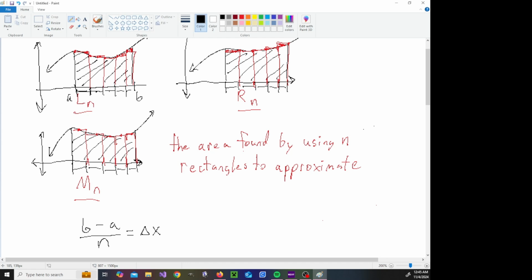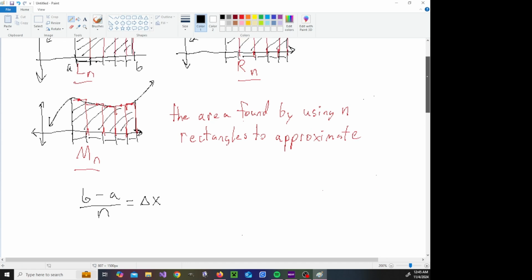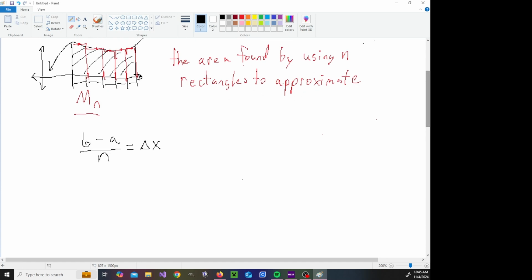By the width of that rectangle. That is my change in x value across every rectangle. So we call that delta x because, in physics, we use delta to represent change. I'm not a physicist, not we. They use delta to represent amount of change, right? So delta x also could be thought of as the width of our rectangles.